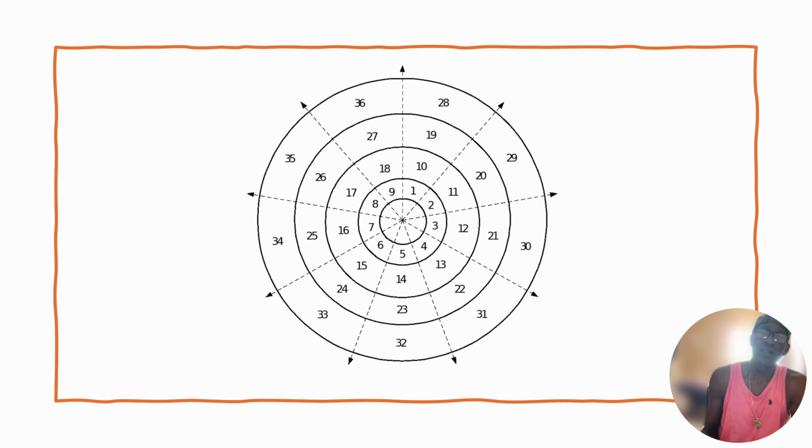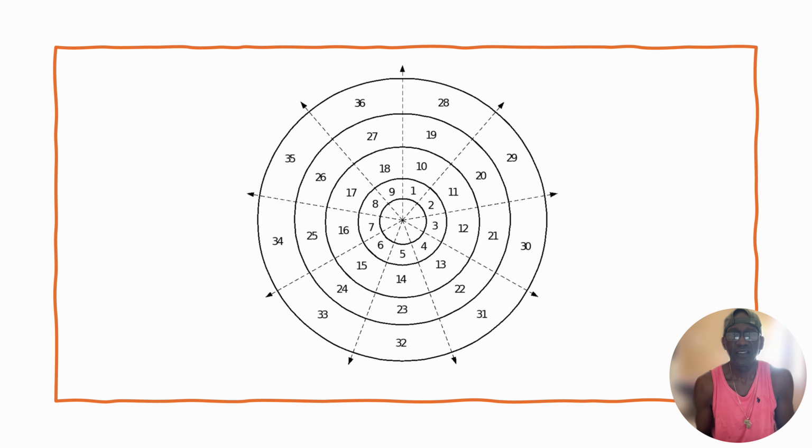Okay? Now, moving outwards, the second circle sits on top of the inner circle and includes the numbers 10 to 18. So if you notice, each number in this circle aligns perfectly above the numbers in the inner circle. 10 sits above 1, 11 sits above 2, and so forth.